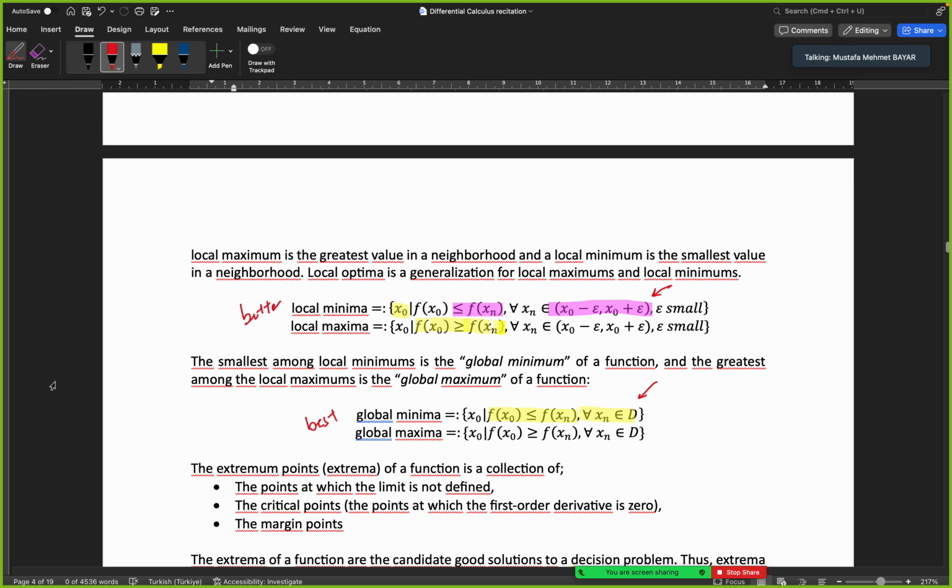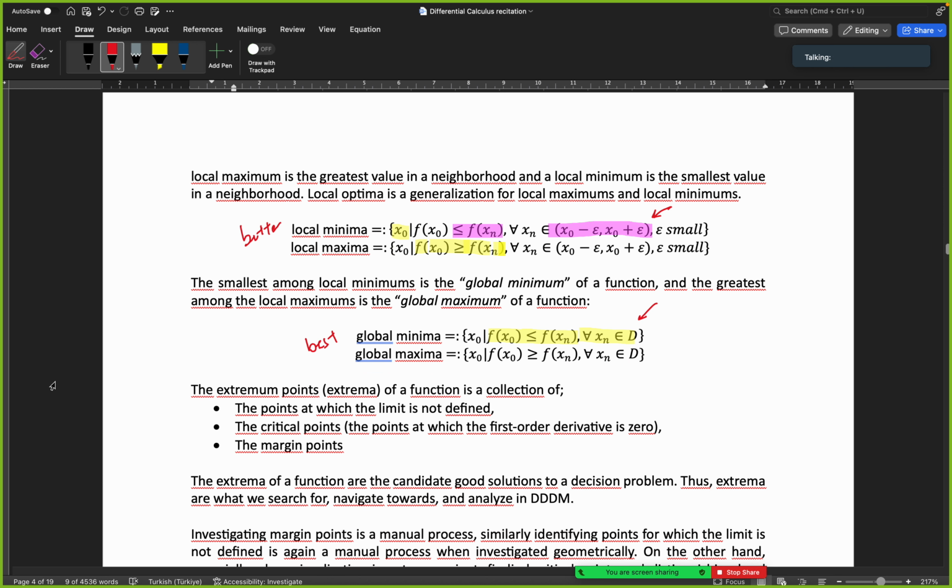The extremum points fall into three categories. They may be the points at which the limit is not defined. They may be the critical points, or they may be the margin points.